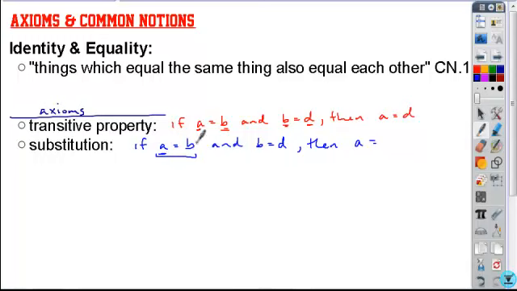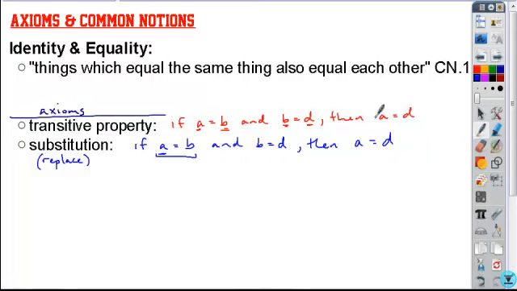B is equivalent to D. So we could use this to justify as well. Okay, so substitution involves replacing one item with its equivalent. And transitive property applies this whole logical sequencing: if two things are equal to the same thing, then they're equal to each other.